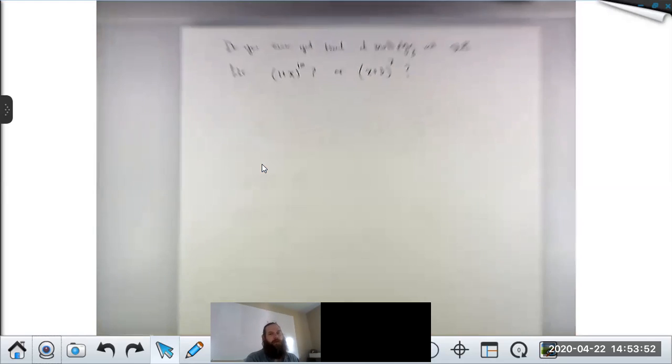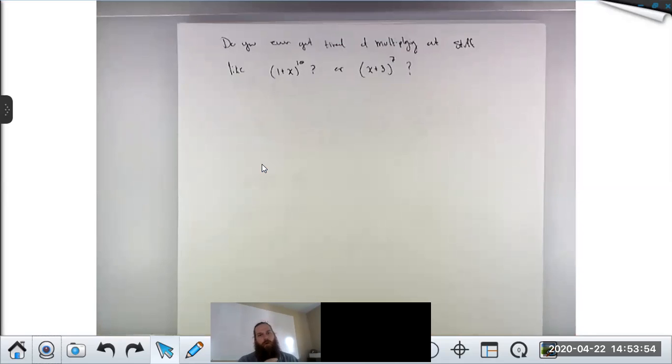If you have to multiply something like this out, it's a real chore. Now you got to FOIL, right? But it's not like just a square. You got to FOIL like 10 times or 7 times. You have to keep multiplying out, multiplying out, multiplying out. It takes forever.